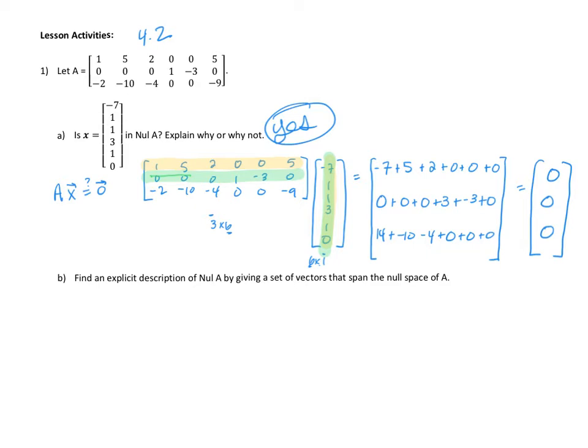Okay, to find an explicit description of null A, we need to find all the vectors that you can multiply A by and get 0, 0, 0. So I want to solve A times what vectors give me the 0 vector.